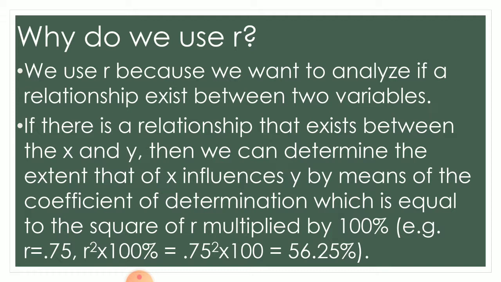For example, if your r is equal to 0.75, then that is 0.75 squared times 100%, which is equal to 56.25%. So that is the percentage that the independent variable, your x, influences your dependent variable y.